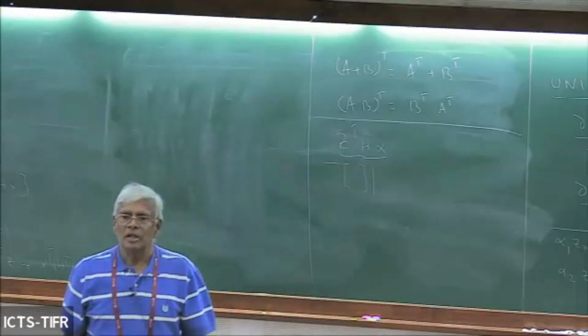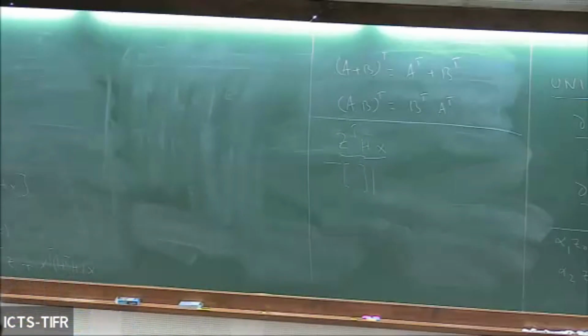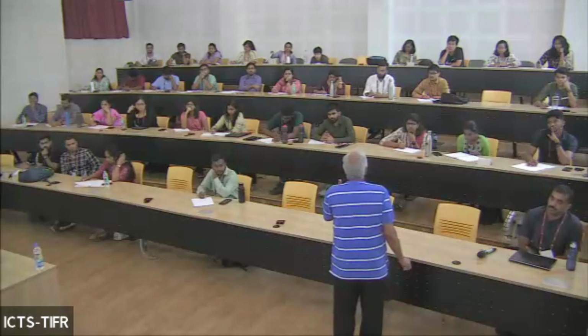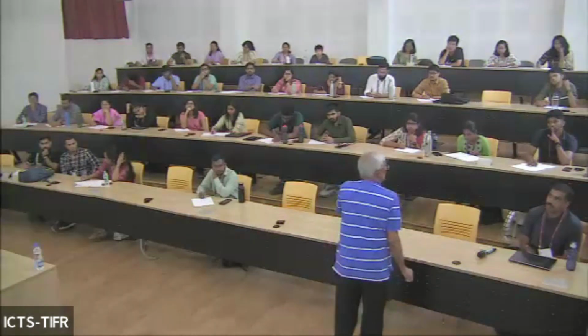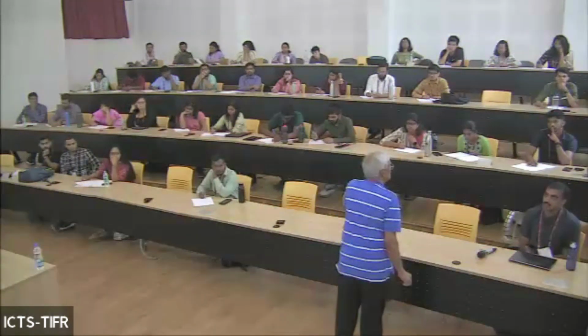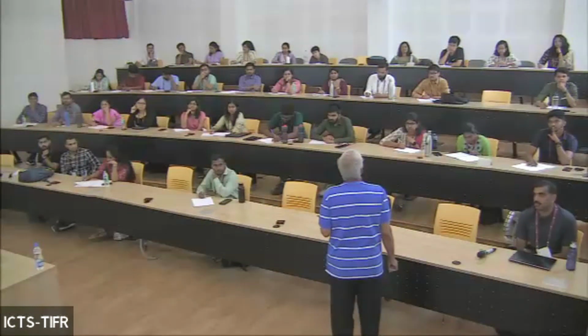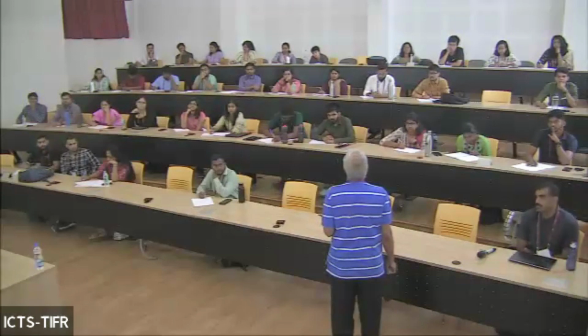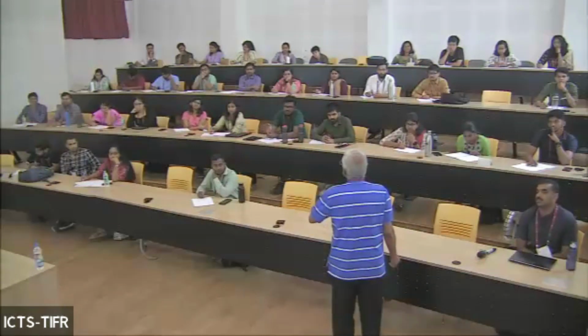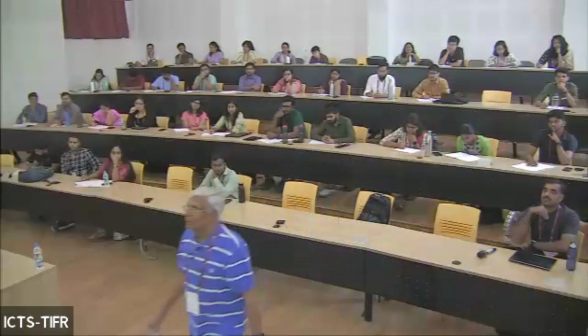What does a scalar mean? A number. There's a difference between a number and a vector. There's a difference between a vector and a matrix. A number is also called a scalar. It's a real scalar. What is the property of a scalar? Number 3. What is 3 transpose? It's 3. The transpose of a scalar is itself.